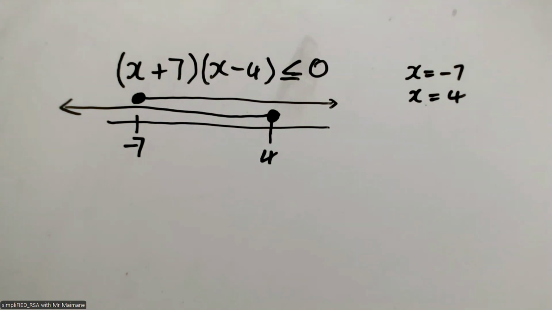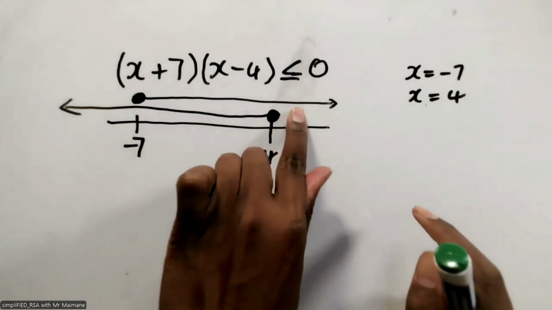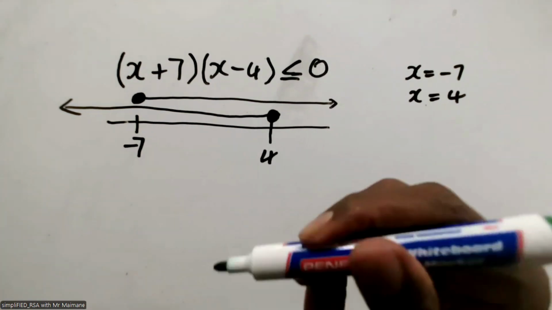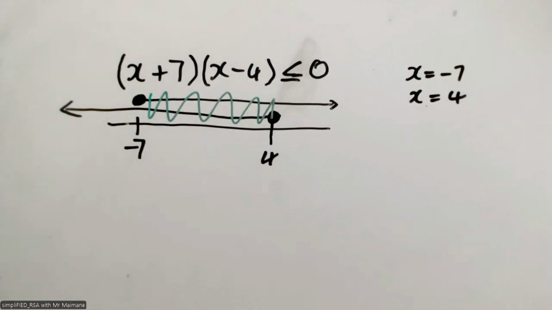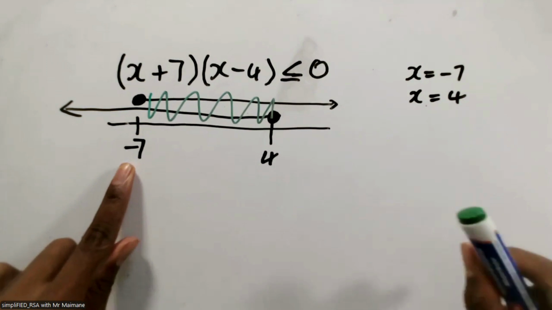And then my solution is anywhere in between here where I see the two lines coexisting, meaning this side going that side is not part of the solution. This side going that side is not part of the solution. The lines are only interacting in between here. Hence, I'm going to say the solution is between -7 and 4.